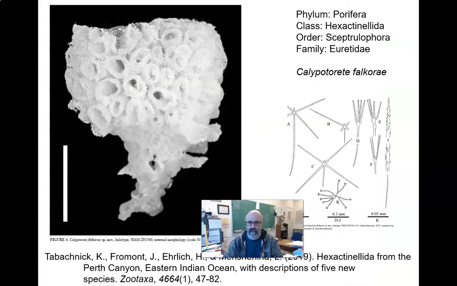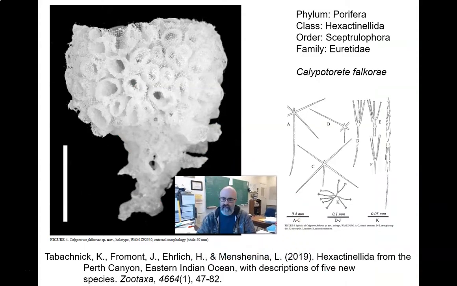All right, this is just an example of a species of sponge described in 2019 in the journal Zootaxa. Bring this up because we've been talking about how to name a new species, describe species, and I just want to reiterate the fact that this is happening all the time.